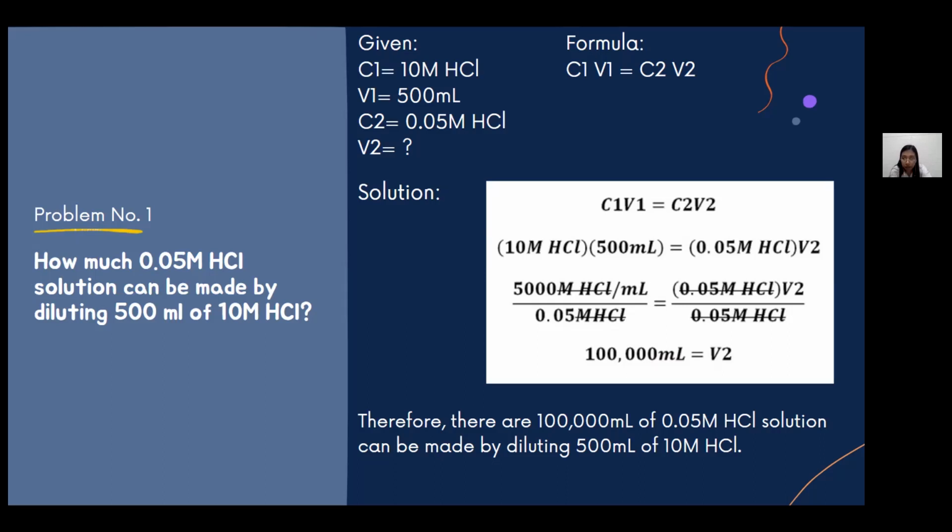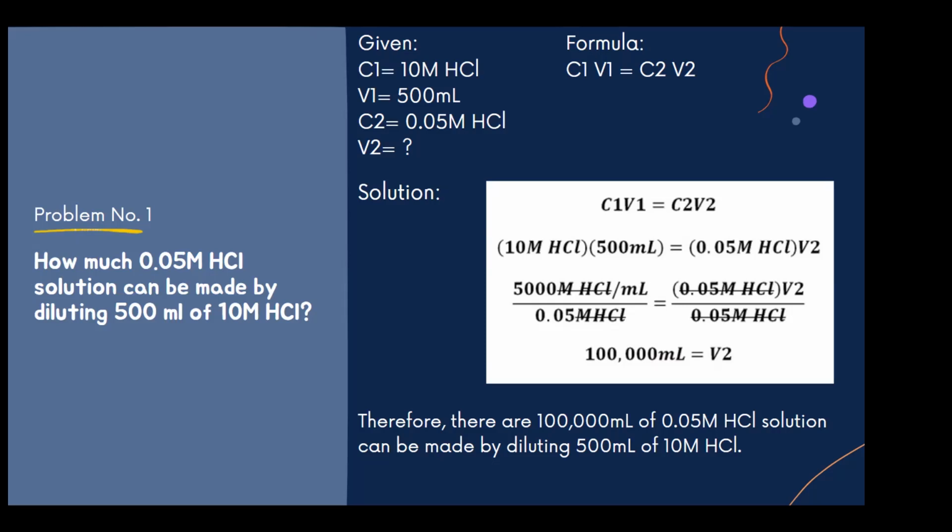Sa C1V1, i-multiply ang 10 M at 500 ml. Tapos dito sa C2V2 naman ang 0.05, tapos pag i-multiply ang C1 at V1 maging 5,000. Tapos para ma-cancel ang molarity at mag-yield ng ml, i-divide.